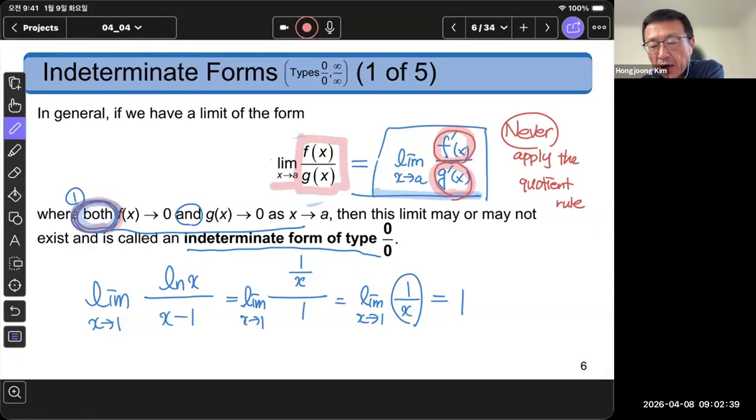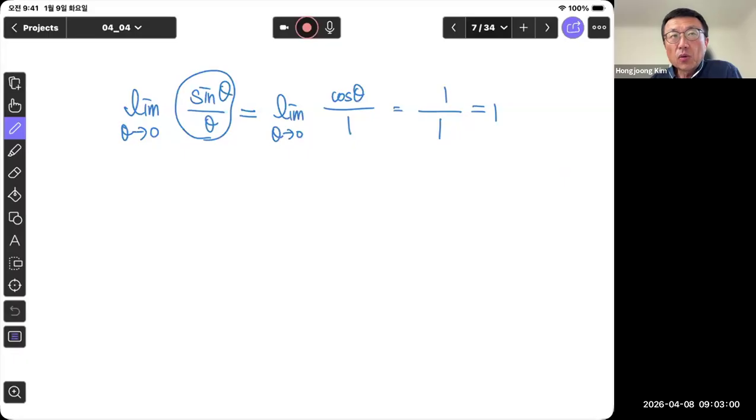As x approaches a, if f prime over g prime converges to a certain value, that's the limit of the original problem. I also considered sine theta over theta as theta goes to zero. So this is one example.